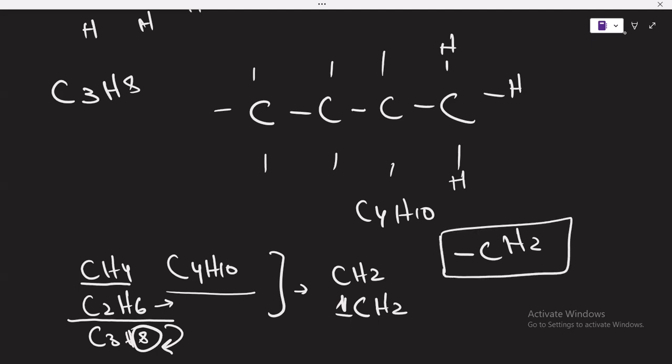And this was for alkanes. Now, what you need to realize is that the homologous series is different for every series. So for example, alkanes are going to have their own homologous series. Alkenes, on the other hand, are going to have their own homologous series. Carboxylic acids, on the other hand, are going to have their own homologous series. So all of these have their own individual series.